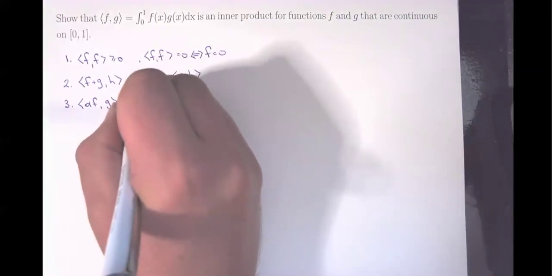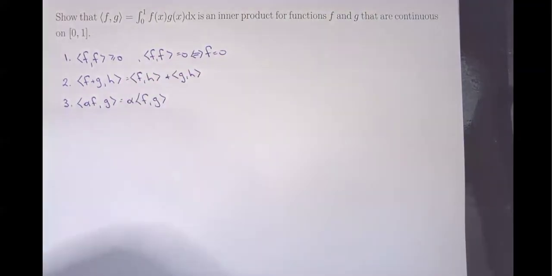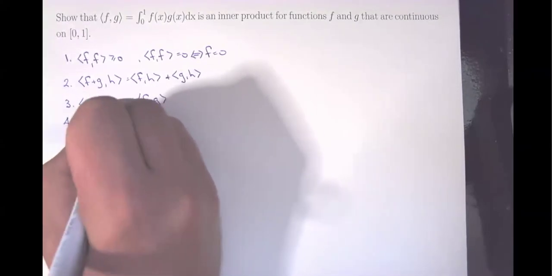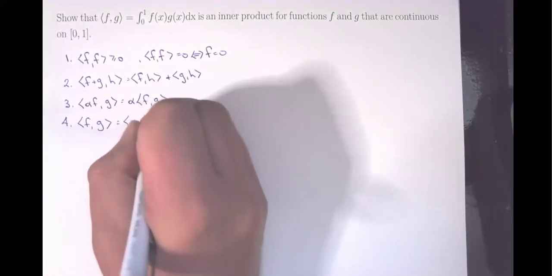Third, we want to show that the inner product of alpha f with g is equal to alpha times the inner product of f with g. And finally, we want to show that the inner product of f with g is equal to the inner product of g with f.